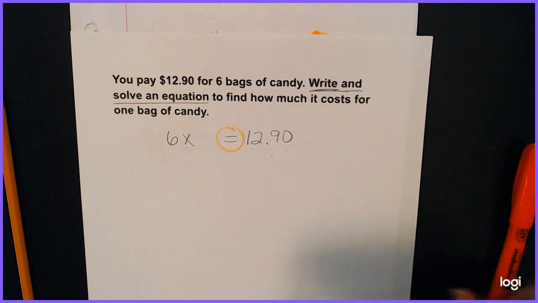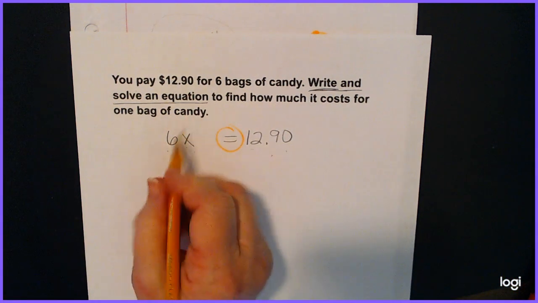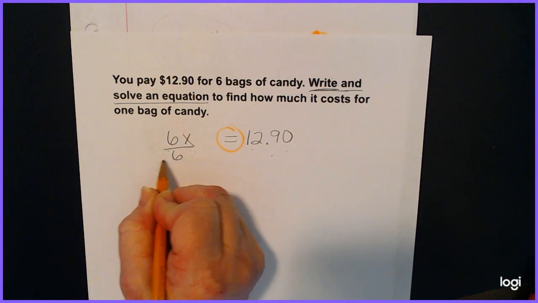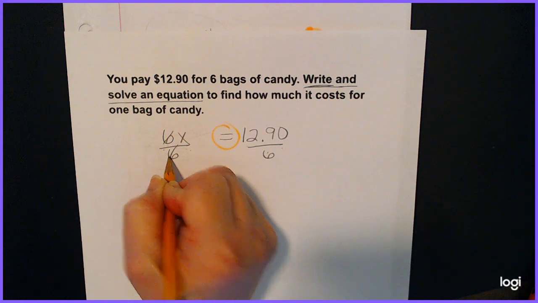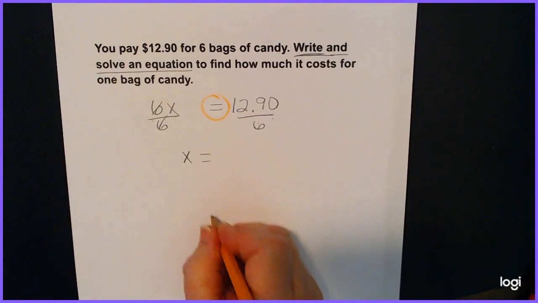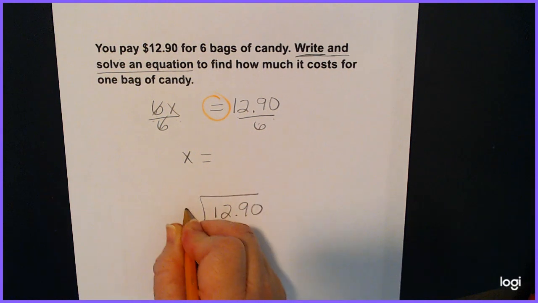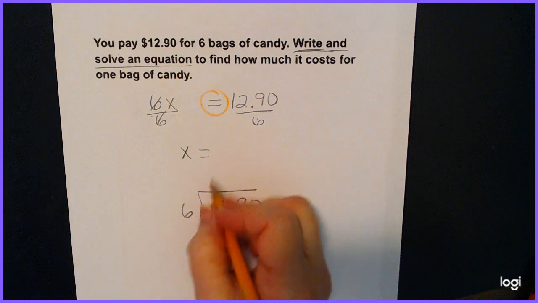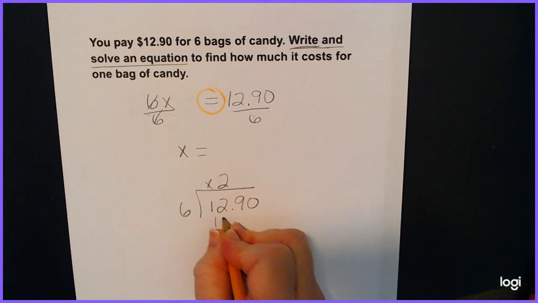Find my balance. Multiplying by 6. Opposite would be divide by 6 here, divide by 6 here. Cancel. X equals, all right, so I need to show $12.90 divided by 6. Hopefully most of you remember how to do your division.